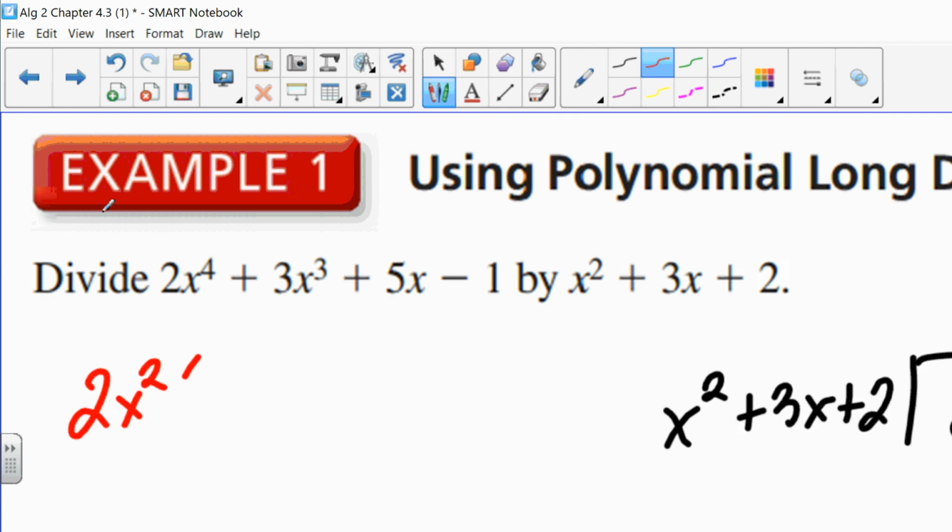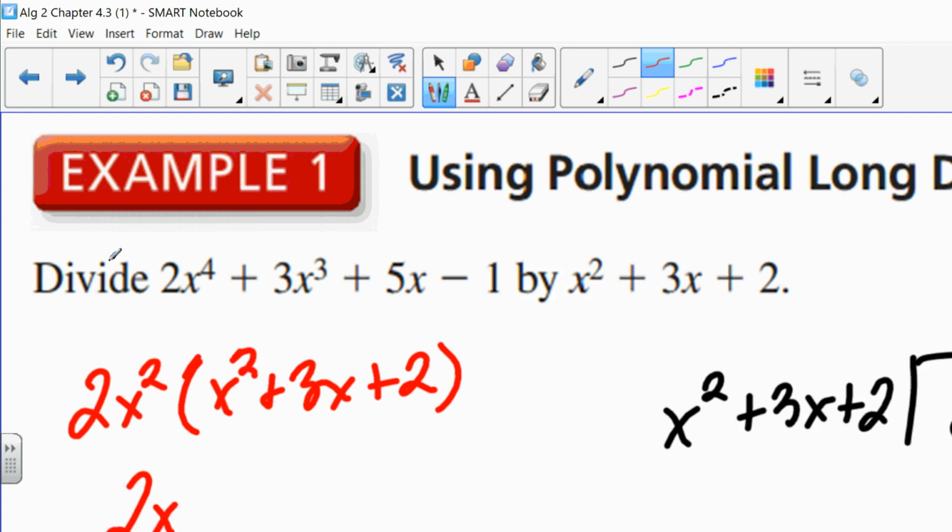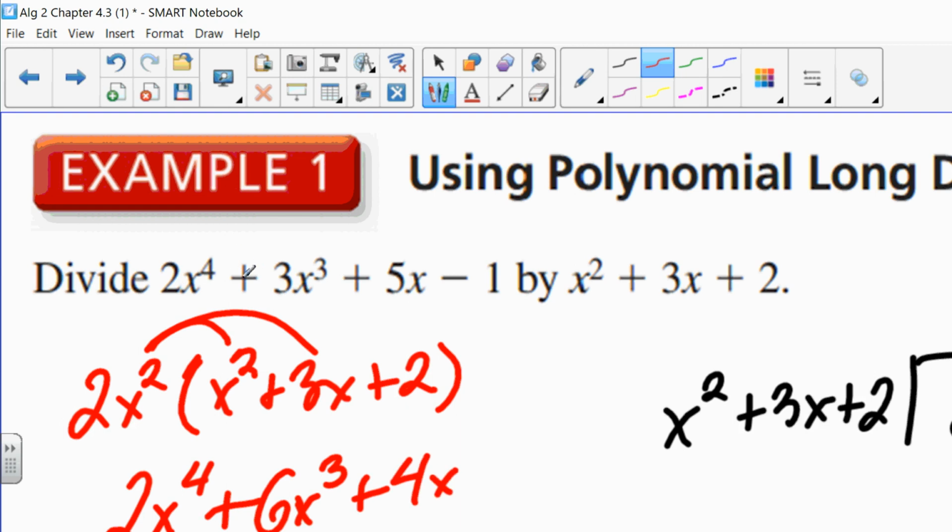2x squared times x squared plus 3x plus 2. 2x squared times x squared is 2x to the fourth, exactly what we wanted. 2x squared times 3x is plus 6x cubed. And 2x squared times 2 is plus 4x squared.